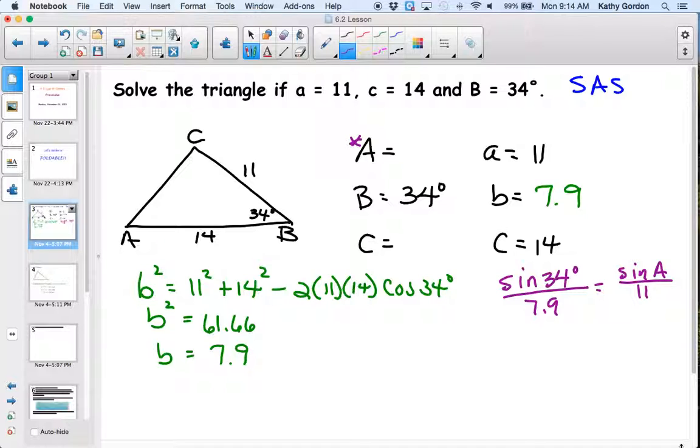So once you get that result, because we're trying to find an angle this time rather than a side, you then need to take your inverse sine of that result. So again, inverse sine and then control negative for previous answer.